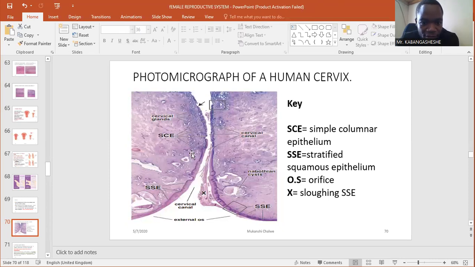Even here, the glands are blocked, so they can't secrete their mucus. This is a common finding in most females, because once in a while there could be some infection in the vagina, and those will lead to blockage of the cervical glands.